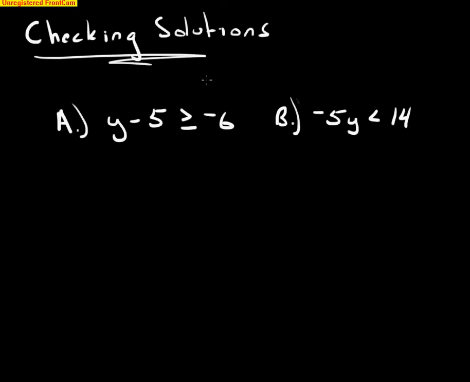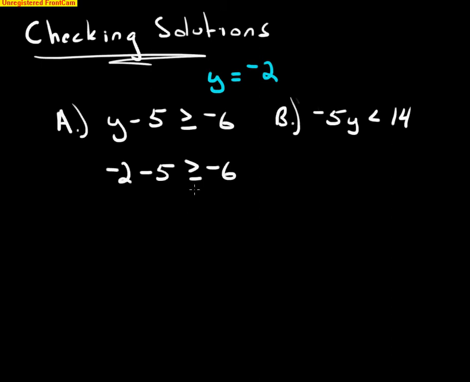So up here I'll put that in blue. Let's say check the solutions if y equals, how about a negative 2. Okay, so we're just going to plug a negative 2 in for wherever y is. So here we have negative 2 minus 5 is greater than or equal to negative 6.